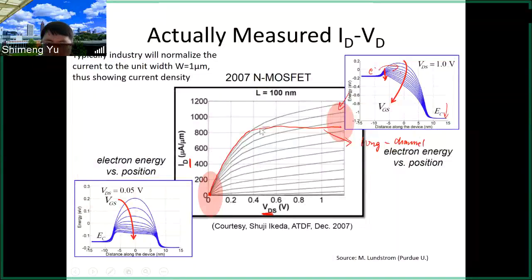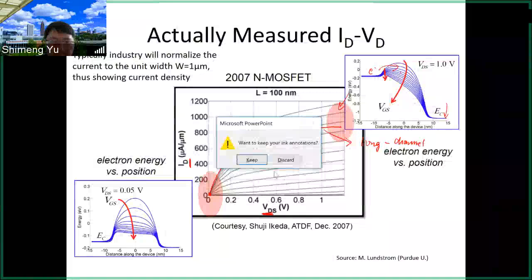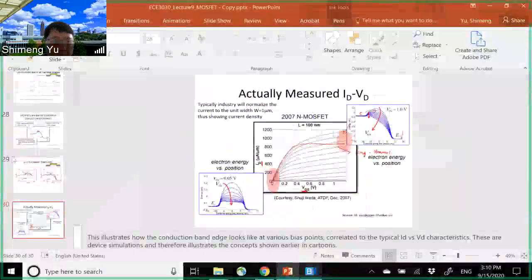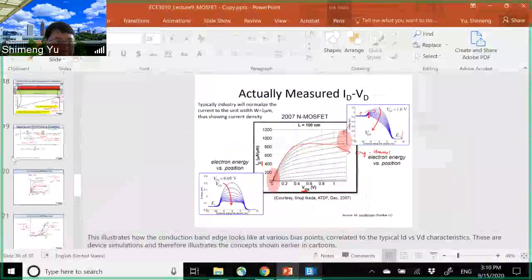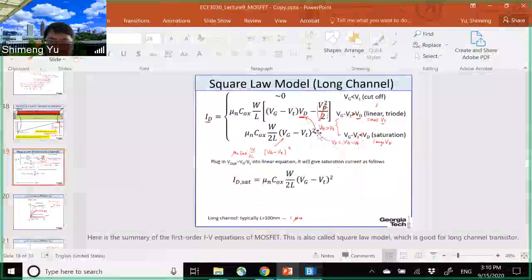So in this course, we will use those ideal equations to calculate the current. And this is good for the long channel device. And we're not going to discuss the IV equations for the short channel. Actually, there's no analytical equation as simple as this to describe the short channel IV relationship.